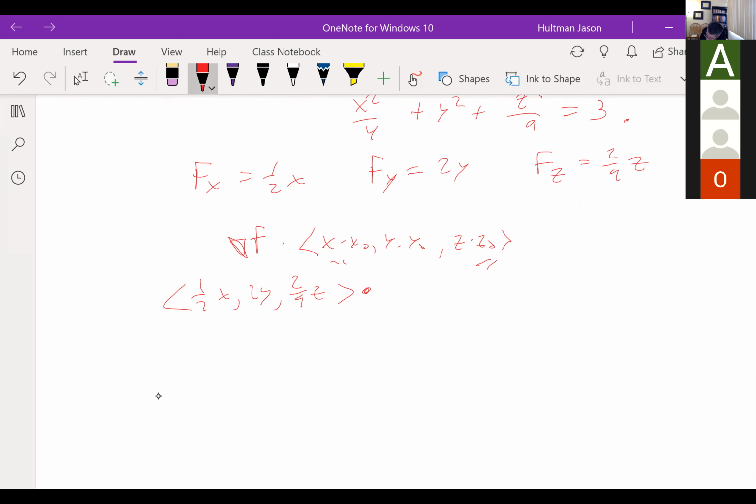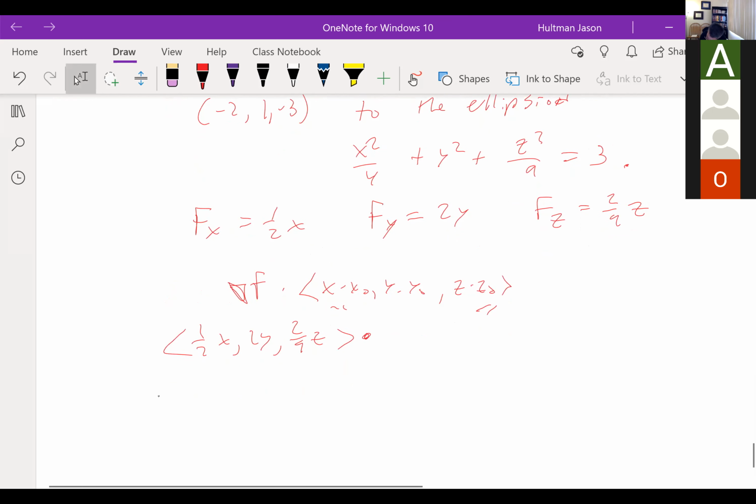So what are x, y, and z? X is -2, so 1/2 times -2 is 1, and this is 2/9 times -3, dotted with this again. A couple more quotes.